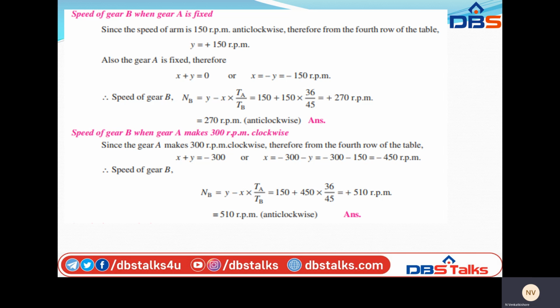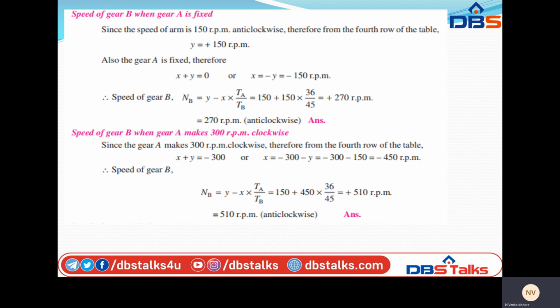So y means 150, minus x means minus of minus 150, so plus 150 into TA by TB, that is 36 by 45, that is equal to plus 270 rpm. That is 270 rpm with a plus sign. So plus 270 means the gear B is rotating in the anti-clockwise direction. Plus means anti-clockwise direction.